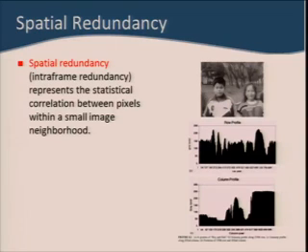To explain this concept of spatial redundancy, it's very easy. Just think about this particular image here. You have two coordinate values, x and y. Because it's a gray image, the pixel value is just the intensity.